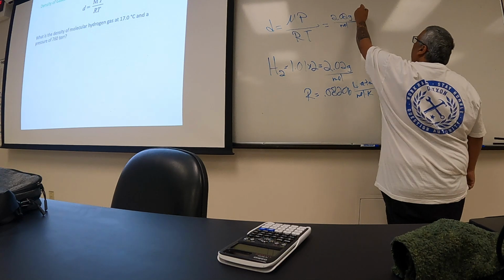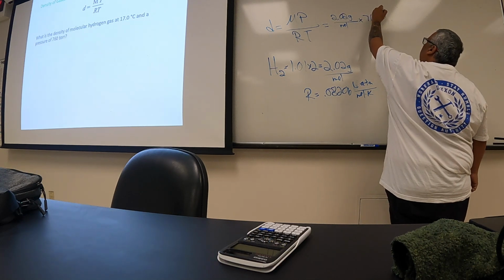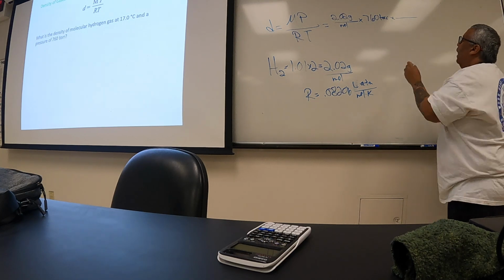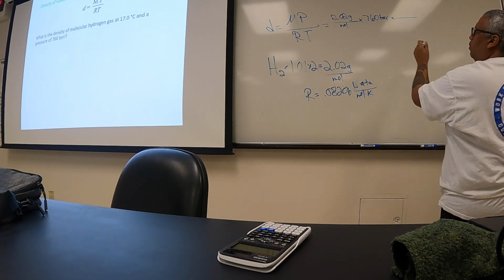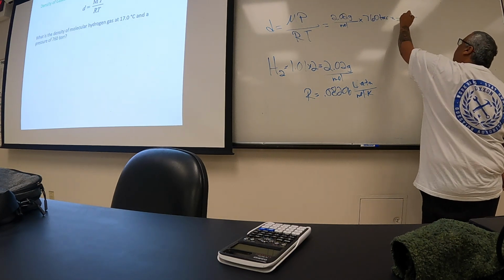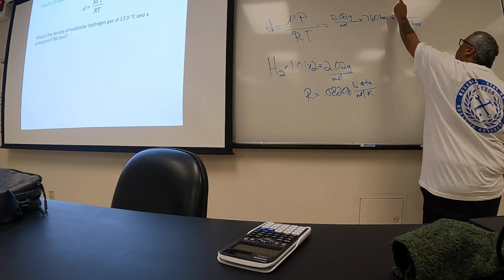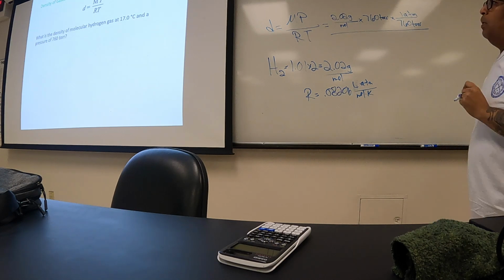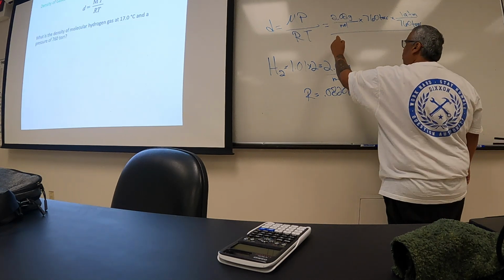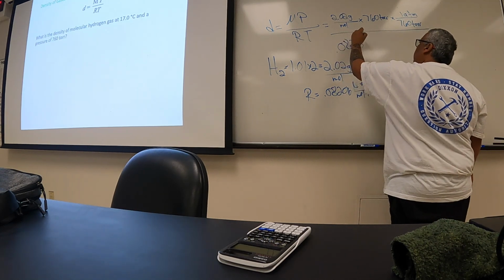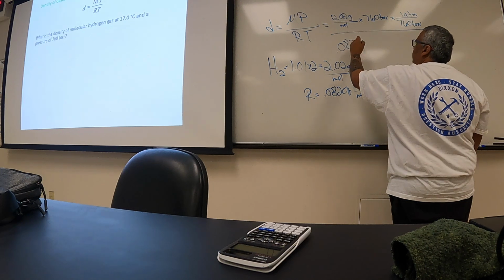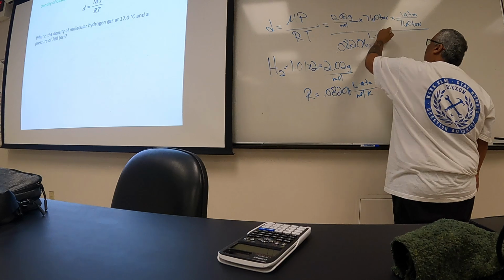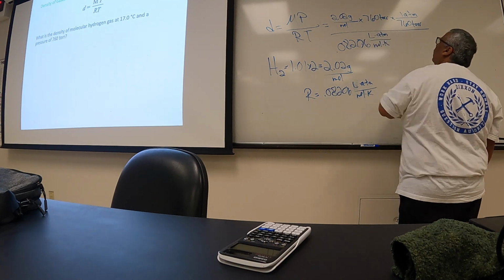So we're going to put in, let's see, we have 760 torr. We're going to convert this into atmospheres. So the definition, there's 760 torr in 1 atmosphere. And then we're going to do our rate constant, 0.08206 liter atmospheres per mole Kelvin.